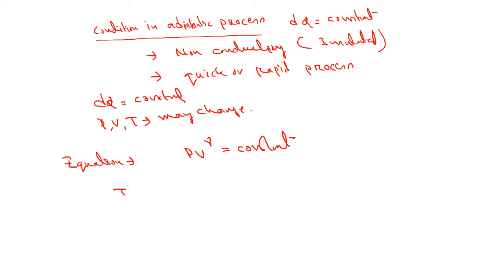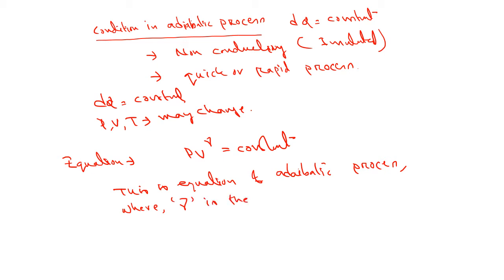This is the equation of the adiabatic process, where gamma is the value of Cp by Cv for that gas.